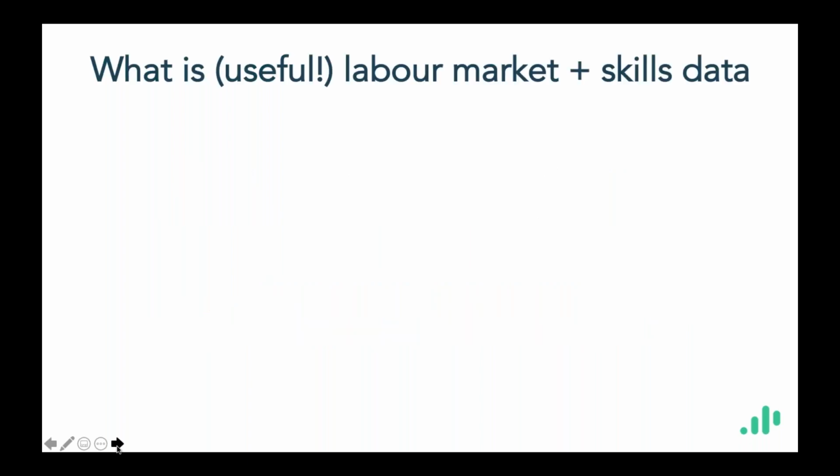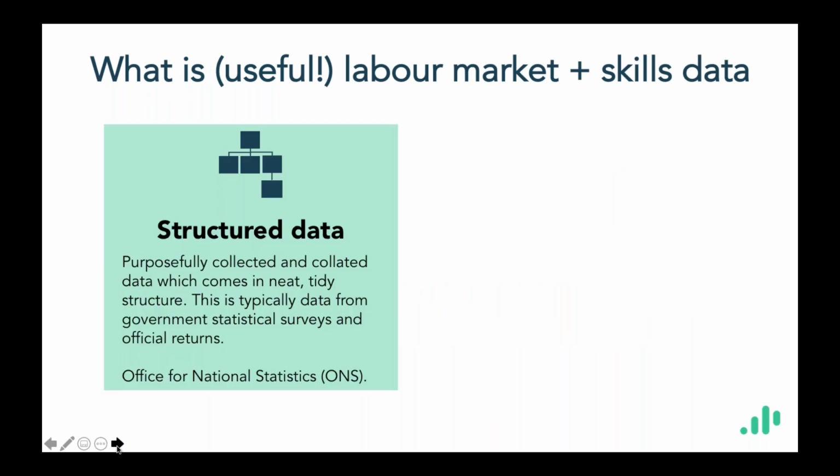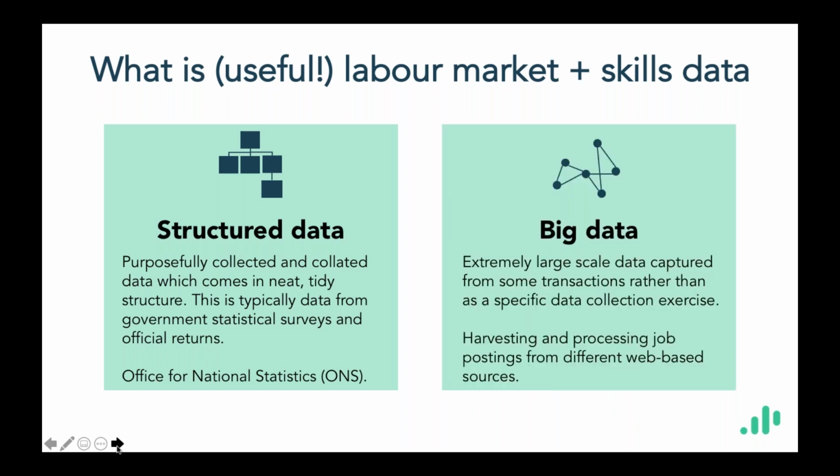Now, generally speaking, when we talk about labour market and skills data, that means a combination of large-scale, well-organised structural data, which typically comes from central governmentally sourced entities and organisations like Office for National Statistics here in the UK, as well as big data, which tends to be less well-organised, sometimes very noisy and messy data that needs to be sourced from a wide variety of places.